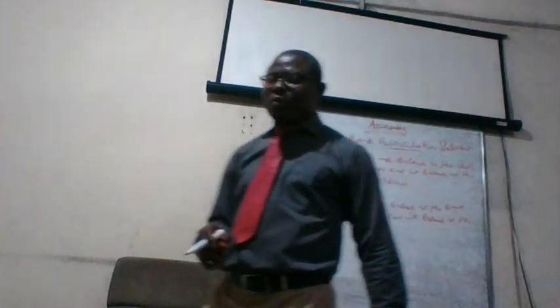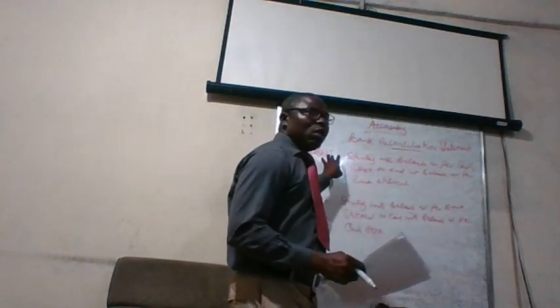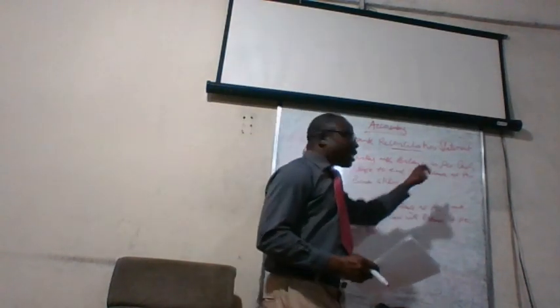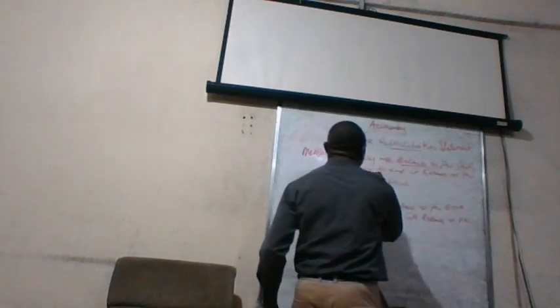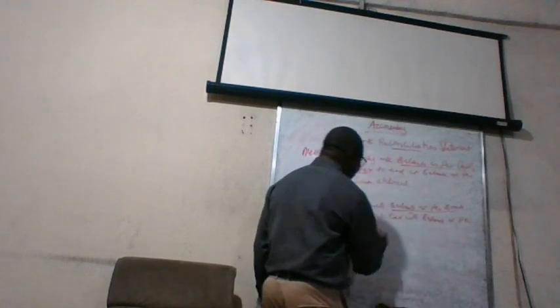These are two methods. Method one is that we start with what? Balance as per. Look at this word here. This way our target is balance as per cash book. While method two is what? Balance as per bank statement.